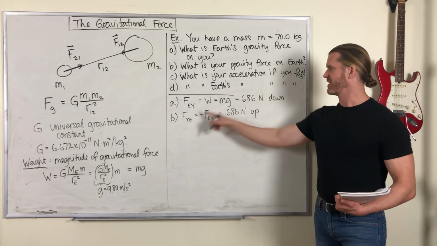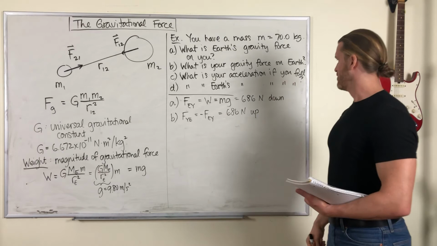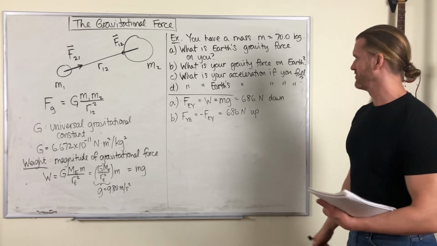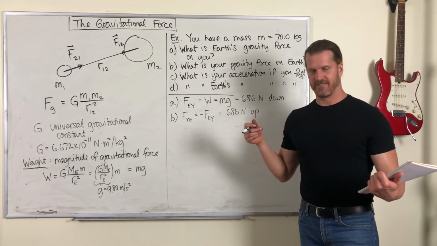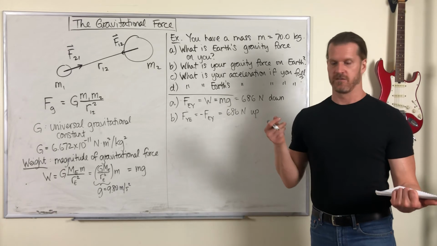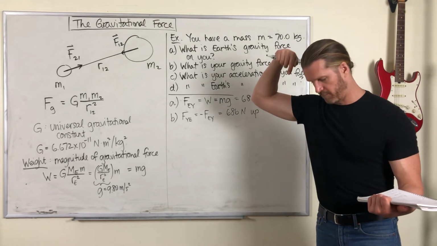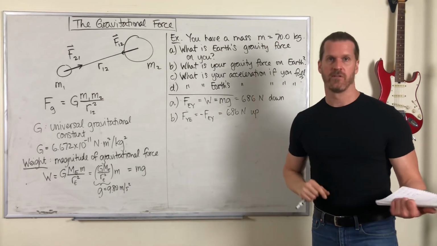The minus sign means to just flip that. Minus down equals up. So this is one of these weird but true consequences of Newton's third law. If gravity is pulling you down, that means you are pulling the Earth up.